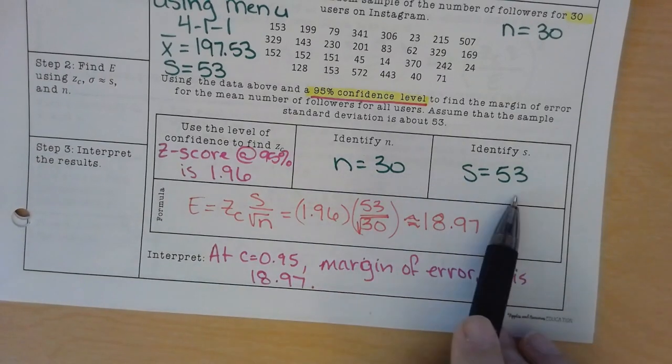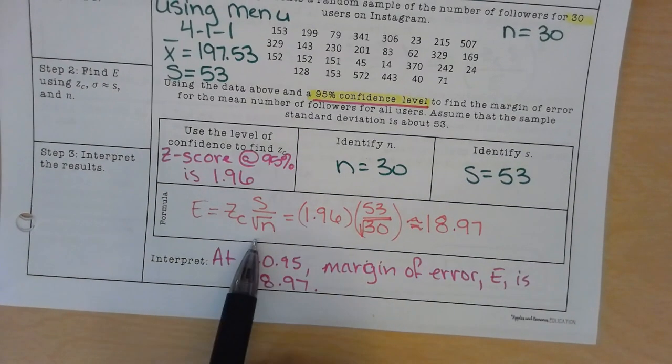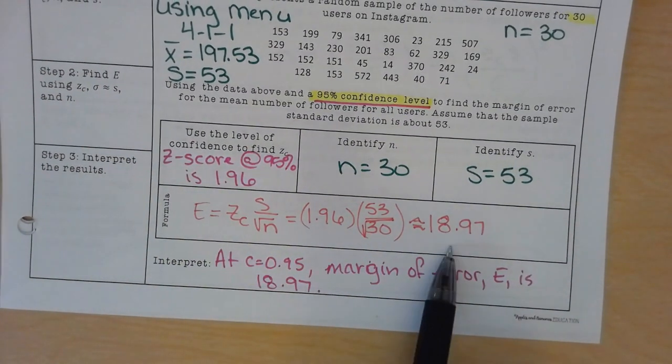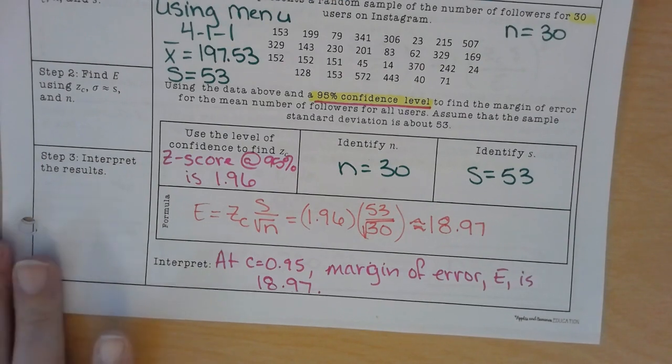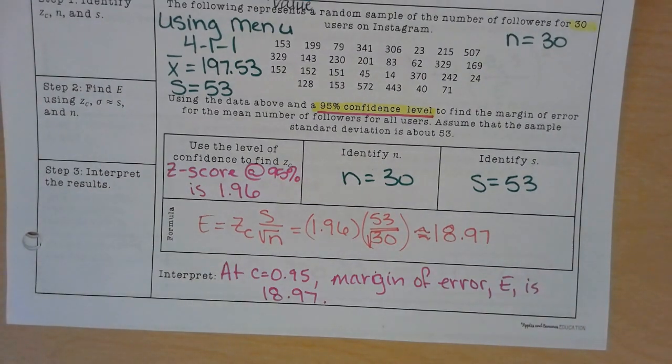What's your n and what's your S, and then you just plug those three numbers into the formula, and that tells you your error. So for the situation we're talking about with the Instagram users, it's going to be 198, the point estimate, plus or minus 18.97, or 19. That's at a 95 percentile.